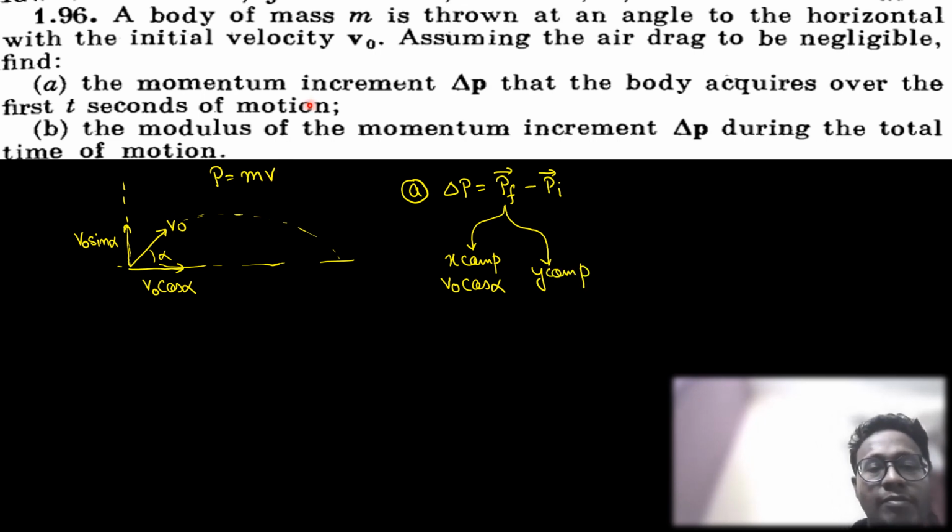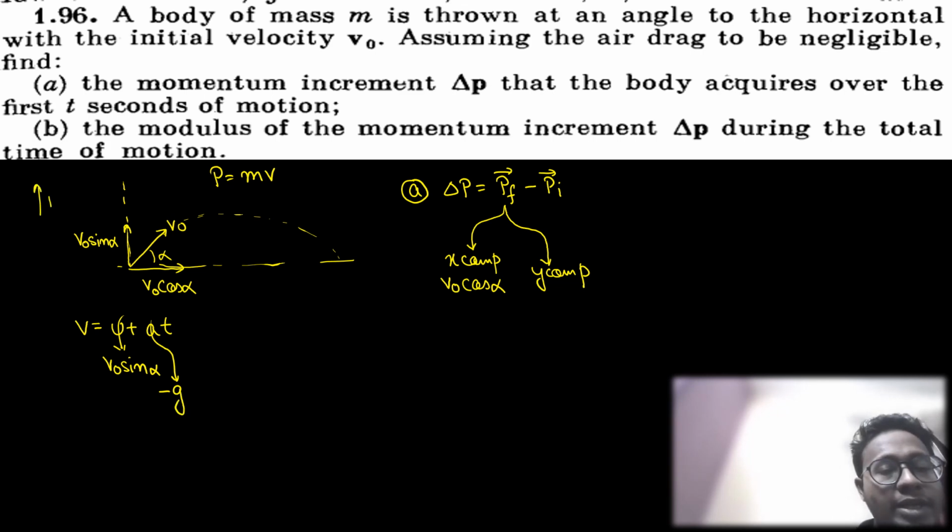After time t, we simply have to apply the formula v equals u plus at. Our velocity at time t is required. u is nothing but v naught sin alpha. a is nothing but minus g. Why?